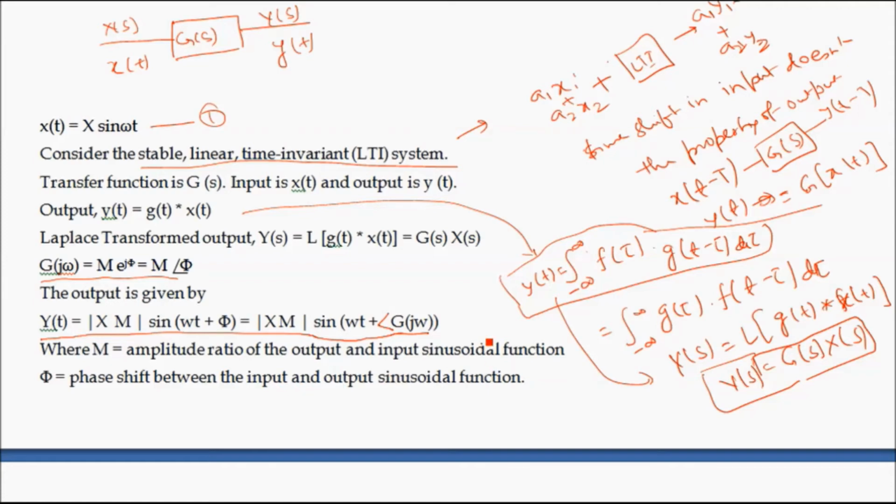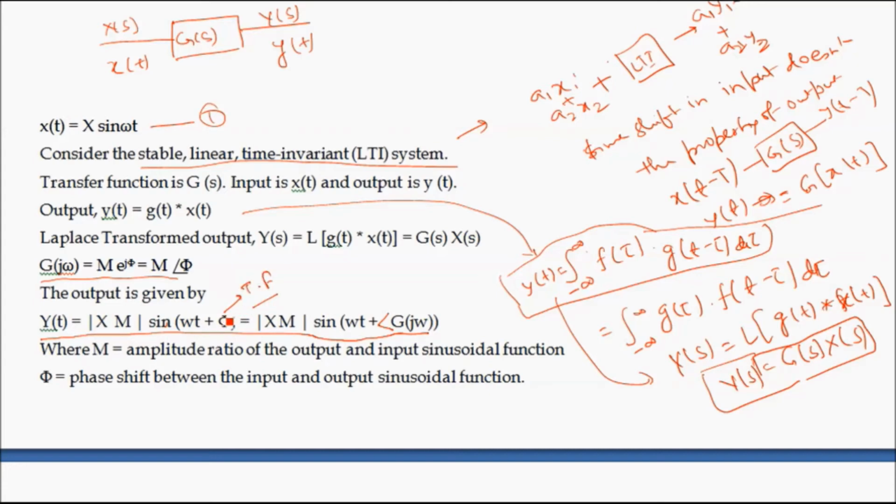What you should keep in mind is that if the input is X sine omega t, that is a sinusoidal input, and it is applied to a transfer function G(j omega) given by M e to the power j phi, then the output will be X M sine(omega t plus phi). Okay, so in the output, angle phi is introduced due to the transfer function.